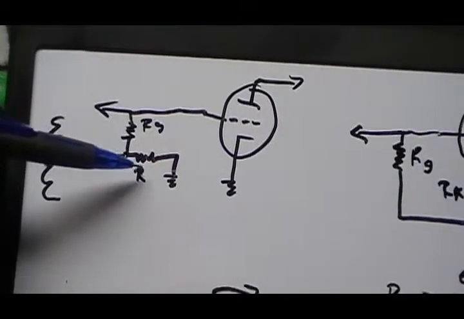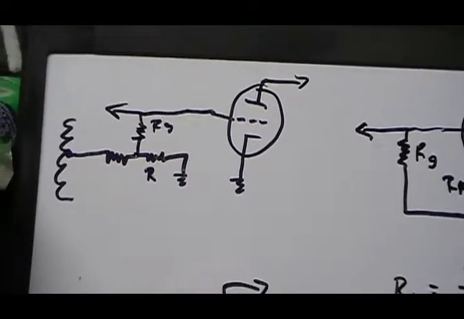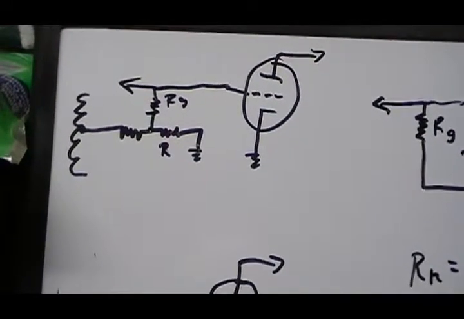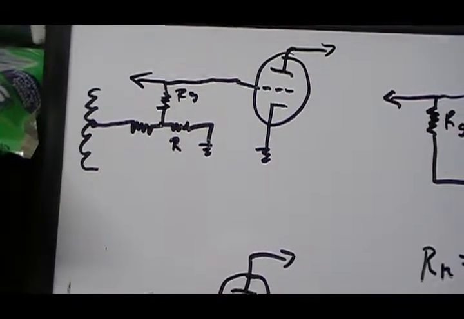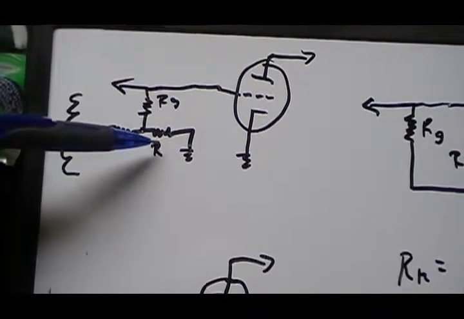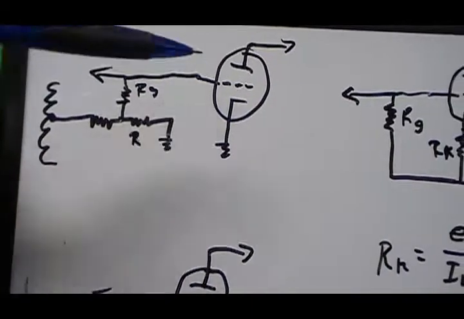Then we can size this resistor accordingly by using Ohm's law. We know what voltage we want. We know the current that's going to be going through it. We just take the voltage and divide by the current, which gives us a resistor. We set a resistor here, and that'll give us whatever bias voltage we want.